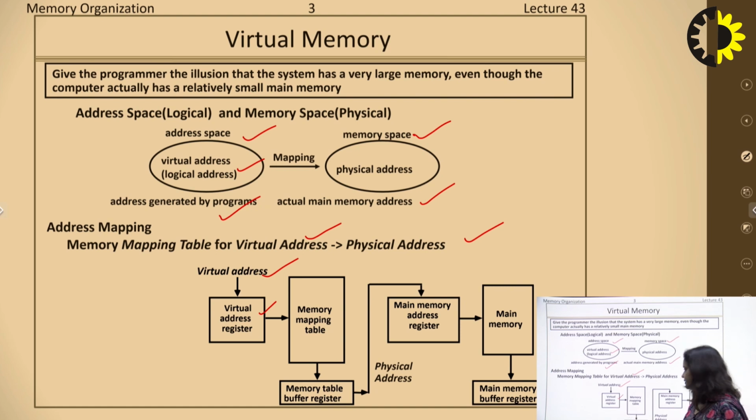Then a memory mapping table is used, where we store the page number and its presence bit. After that, that particular page is loaded into a memory table buffer register, and after that, a physical address is constructed from the virtual address and loaded into a main memory address register.